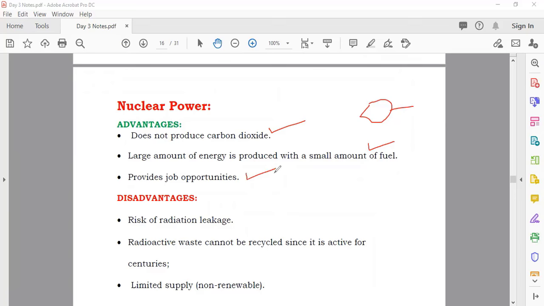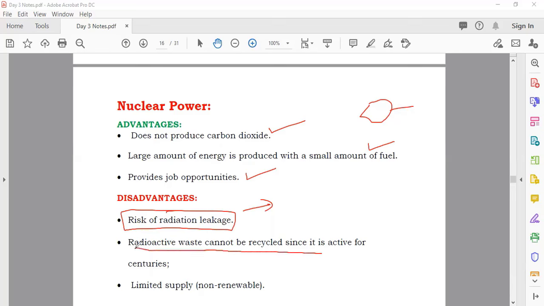It also produces job opportunities. But there is a disadvantage: high risk of radiation. If radiation comes out, it can harm everything, especially the people. Maybe you saw that people working in a nuclear power station wear special clothes that stop the radiation.